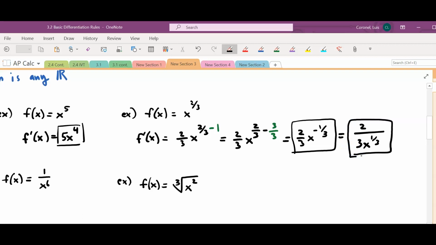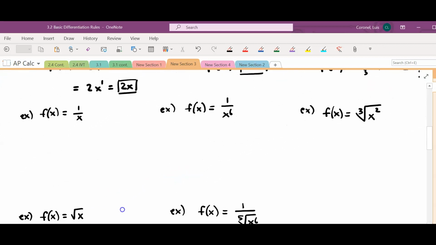You guys have to be comfortable with writing both situations, because on the AP test, they might simplify more, and this might be the multiple choice answer. But if you're doing the FRQ, the free response, and your answer happened to be a negative power, this would be okay as well. You wouldn't have to go the extra step. But just be comfortable with writing both.